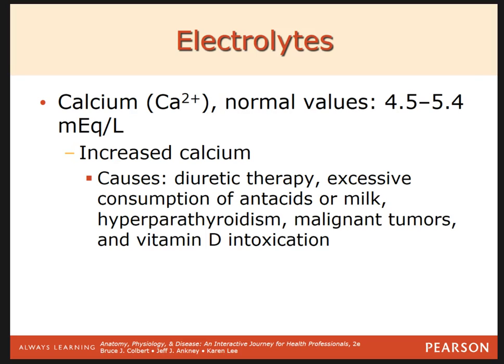It could also be due to excessive consumption of antacids or milk, things that contain calcium. Hyperparathyroidism, which uses the hormone parathyroid hormone to bring calcium from your bone into your bloodstream. Could be due to tumors, and it could be due to vitamin D intoxication.